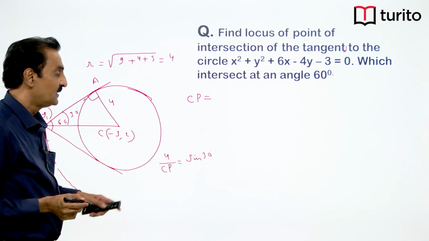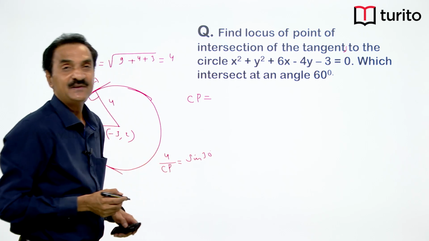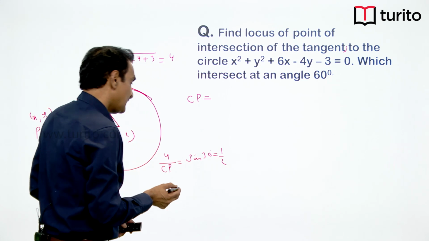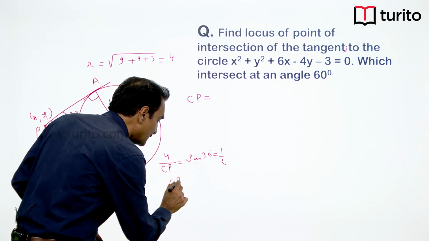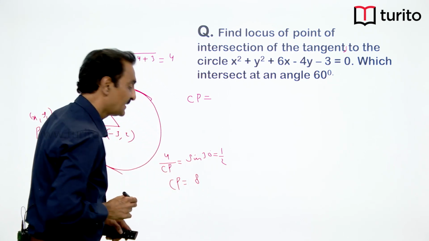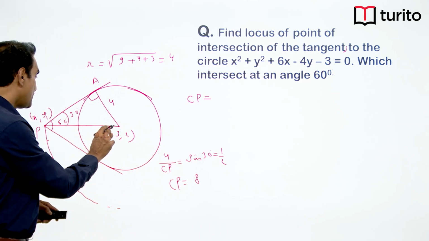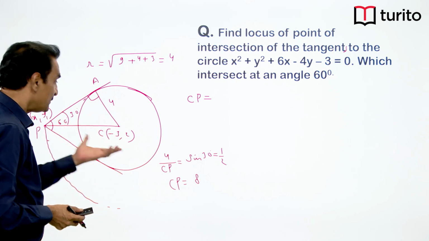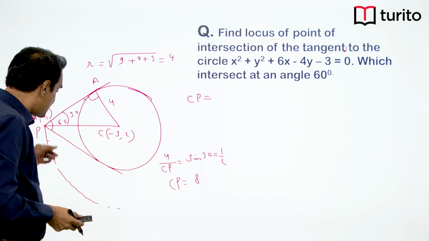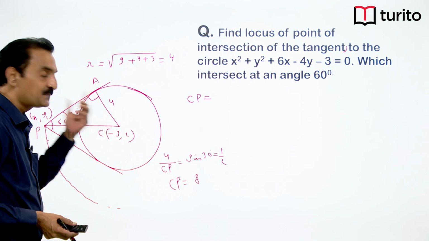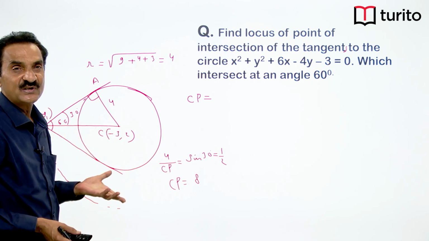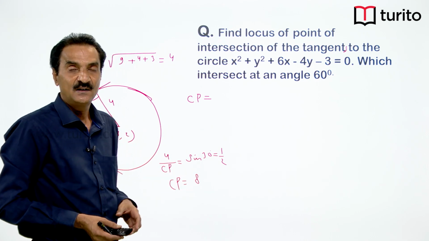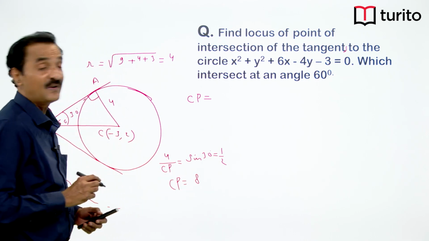Is it not? Then what is the value of sin 30 degrees? 1 by 2. Then we get CP is equal to 8. So we got the fixed distance CP as 8. Now this is a proof that the locus of P is a circle, because C is fixed. If CP is constant, the path of P is going to be a circle with center C. So how to get the equation of the locus now?